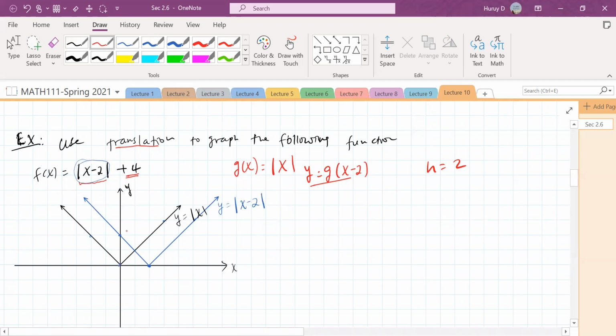Now the next step is, we have the graph of this one, then we need to add this 4. So our k is 4.